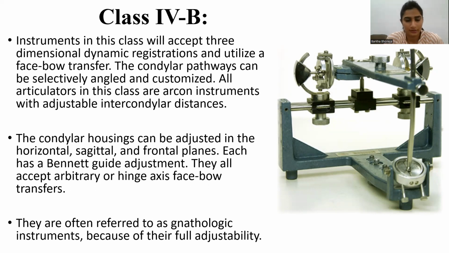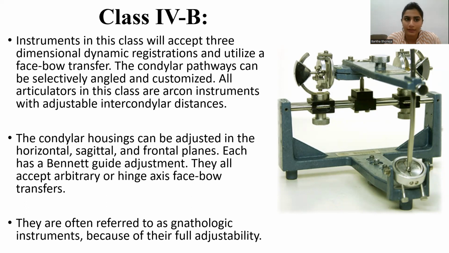Now let's see the theoretical part. Instruments in this class will accept three-dimensional dynamic registrations and utilize a face bow transfer. So all the 5 records can be taken as well as the face bow transfer. The condylar pathways can be selectively angled and customized. Now, there are 2 things in condylar pathways: it can be angled according to the patient.